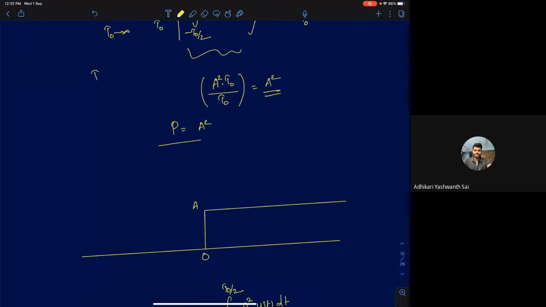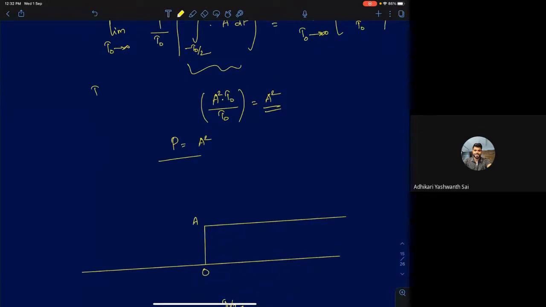Now let's talk about a step function. A step function which starts at 0 and then goes to a constant value, and it is 0 for negative values of t. Now what do you think will be the energy? Energy for an interval of t naught by 2. Let's say I define t naught by 2 and try to compute this integral. What will be E of t naught? A square t naught by 2, right?